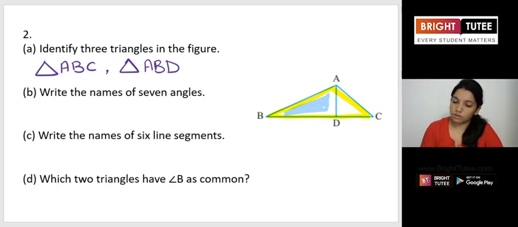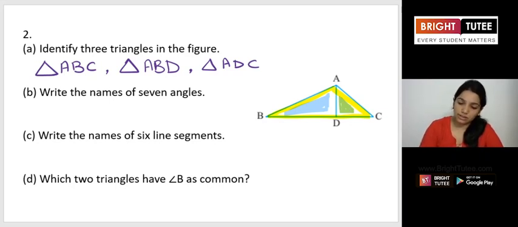Now coming to the third triangle that we have in this figure, it is triangle ADC, or we can write ACD. So either way it is correct. Let us also shade this triangle. So total 3 triangles are there.